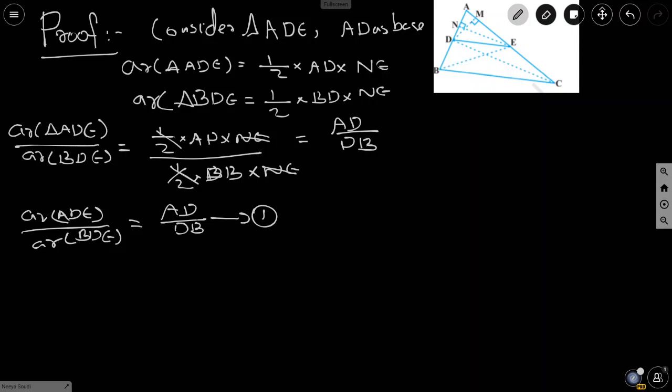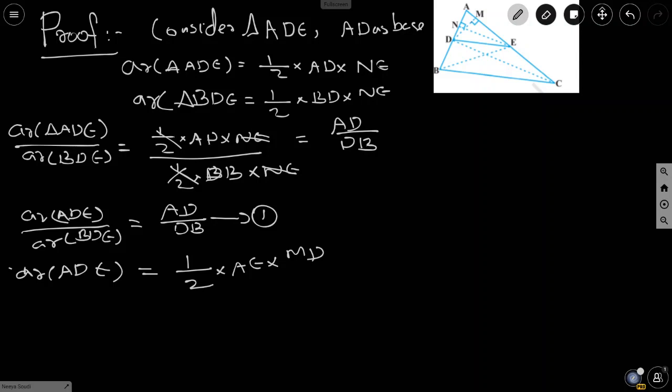So next we can select again the second part of that, AE as the base and EC as the base. So area of triangle ADE, AE as base. When AE is the base, MD will be the altitude. So half into AE into MD. In bracket if you need you can write AE as base.